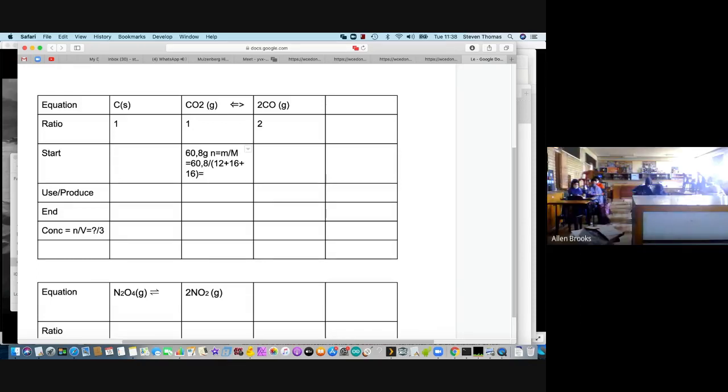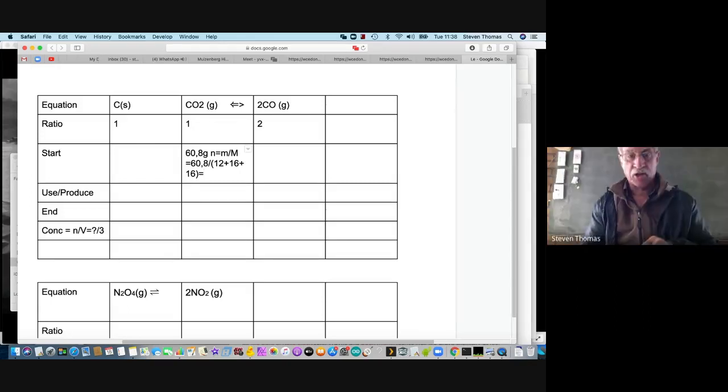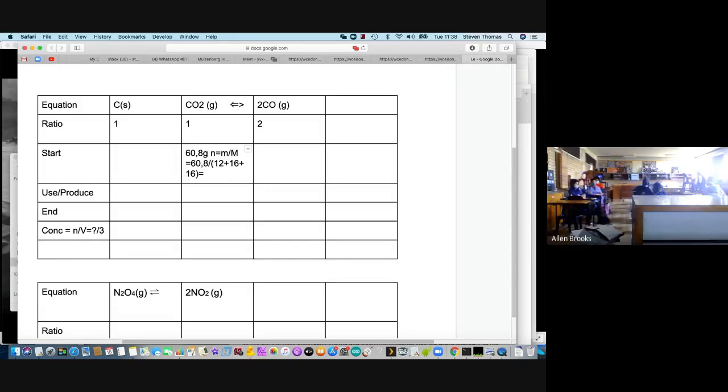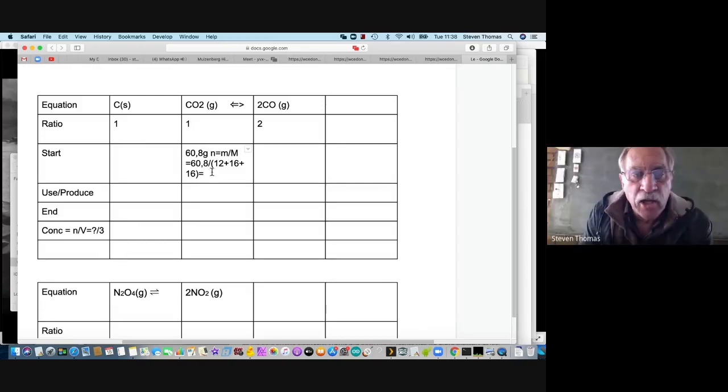Pascal says 44. Okay, I think someone's a lot faster than me with a calculator. 44. That's what Pascal said. Okay, so that's 12, 2, 16, 32, 44.